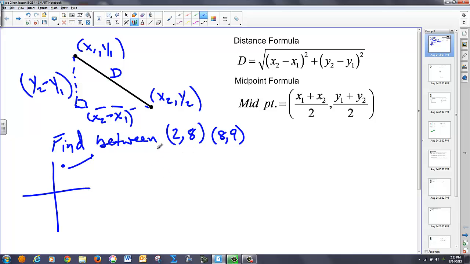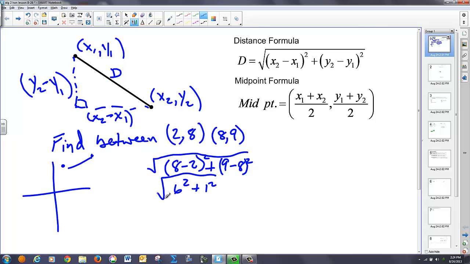Again, take the difference of the x's, so that's 8 minus 2, square it, take the difference of the y's, 9 minus 8, square it, square root that whole guy. We get 6 squared plus 1 squared is equal to root 37, and I leave it as is.